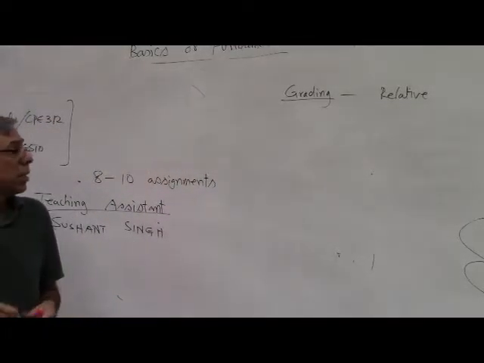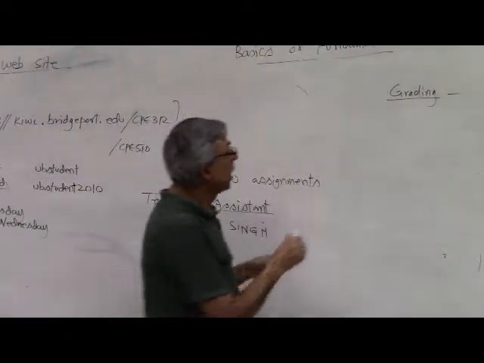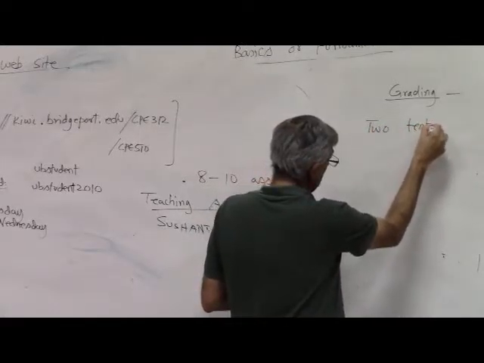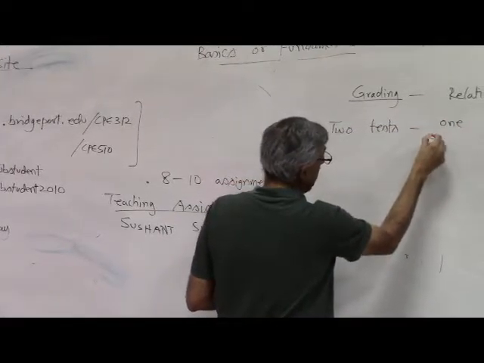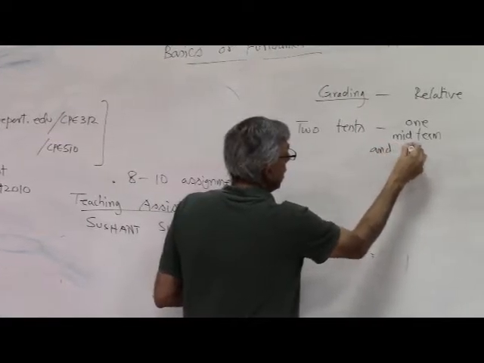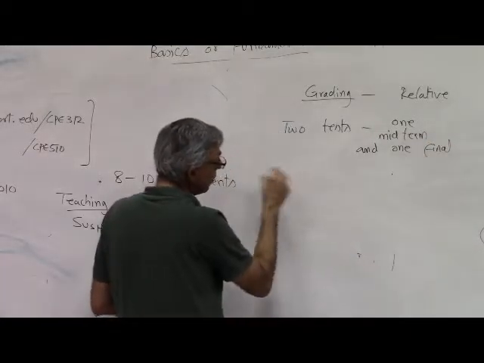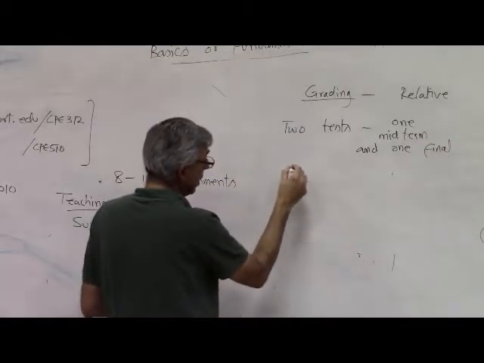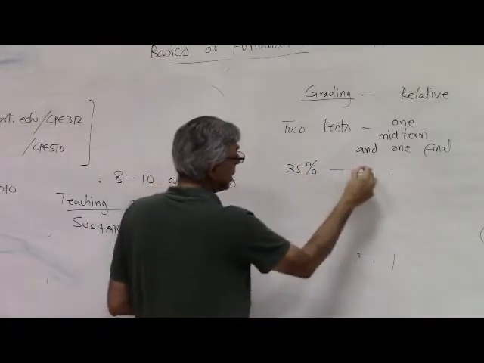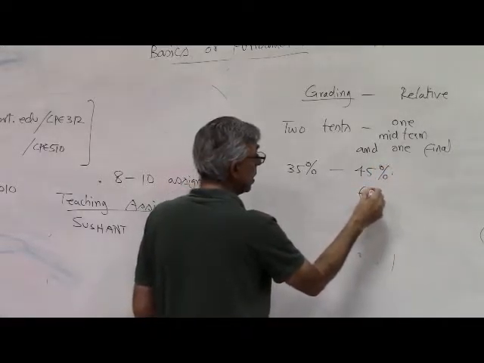Okay, the best student will always get an A. Okay, so we have 2 tests, meaning 1 midterm and 1 final in this course. Okay, so roughly speaking, the weight of the tests will be like 35% for the midterm, 45% for the final.